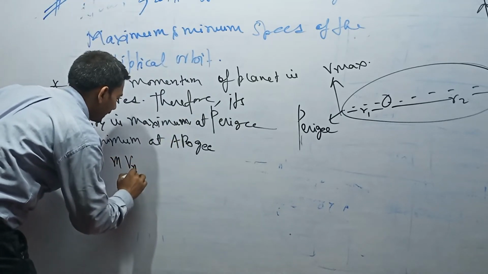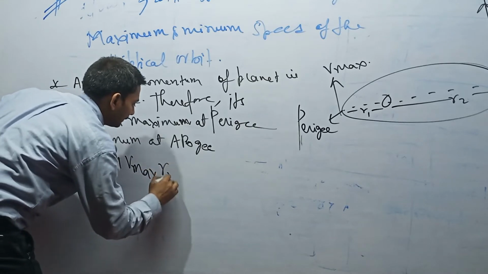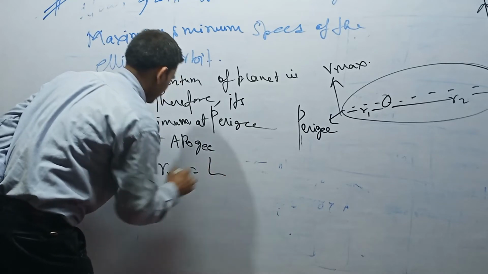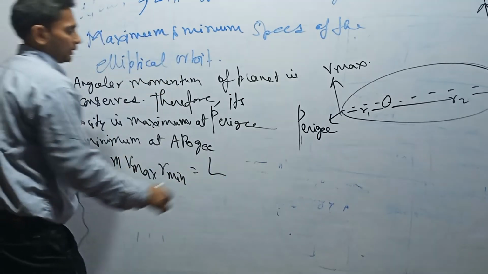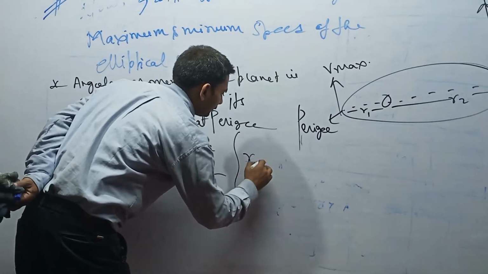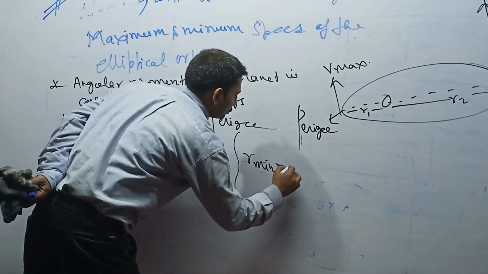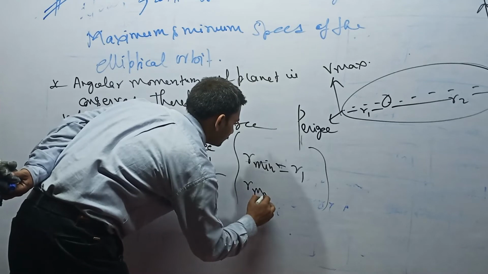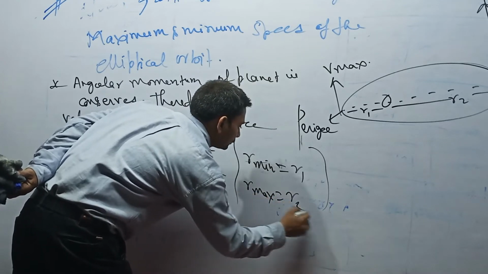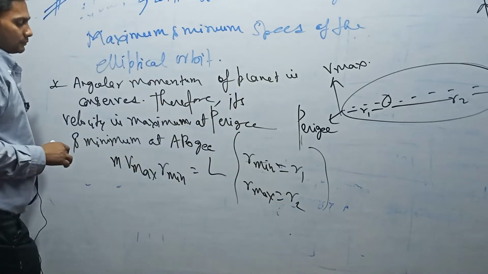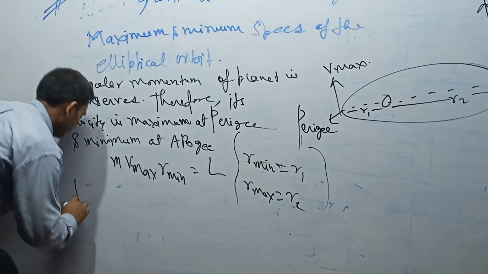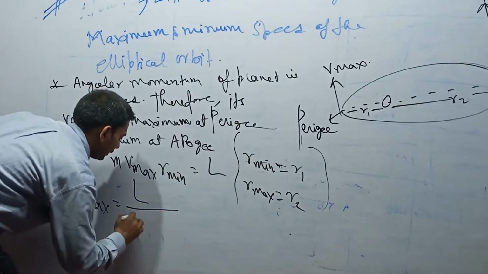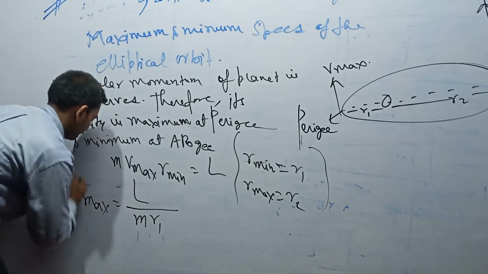m V maximum R minimum is equal to L, where R minimum is equal to R1 and R maximum is equal to R2. Now V maximum is equal to L upon m R1.